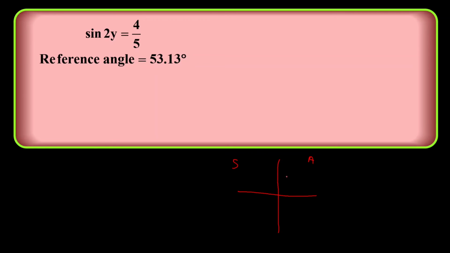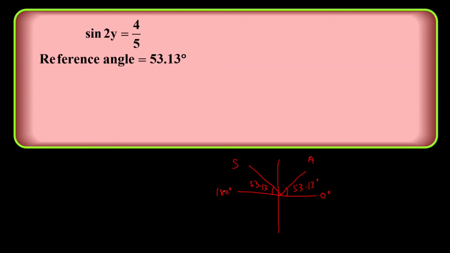Next thing is my reference angle. That is the two positions there. So I have 53.13 degrees, and I have another one here. Now for the reference line, for the first one I have 0 degrees, then I have 180 degrees.